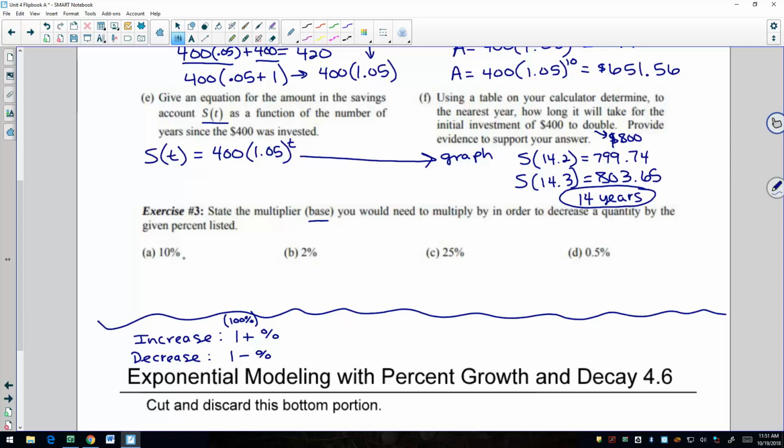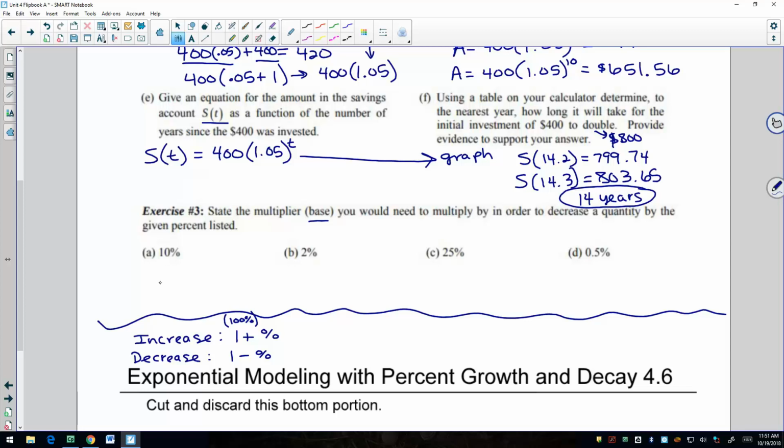So going back up to exercise 3, if we wanted to know what we would multiply by to show a 10% decrease, think about a pizza. If there were 10 slices and you wanted to take away 10% of that, you would take away 1 whole slice, which would leave you with 9.